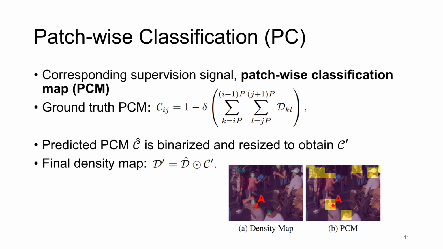PC divides each image into patches of the same size, P times P, and each patch is classified into two classes: containing human heads or not. So it provides coarser but more accurate information than pixel-wise density maps.